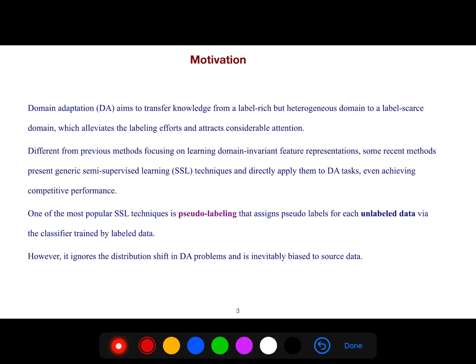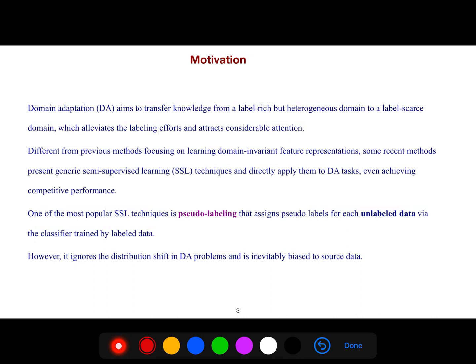Domain adaptation aims to transfer knowledge from a label-rich but heterogeneous domain to a label-scarce domain, which alleviates the labeling efforts and attracts considerable attention. Different from previous methods focusing on learning domain-invariant feature representations, some recent methods present generic semi-supervised learning techniques and directly apply them to domain adaptation tasks, even achieving competitive performance.